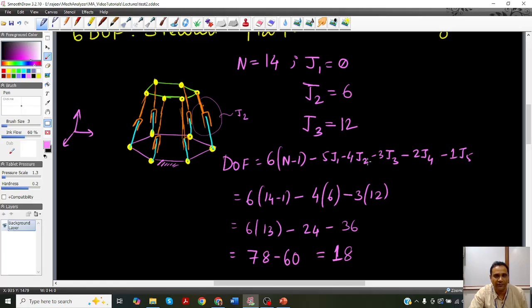How many J2s do I have? 6 I have. N is 14: 1, 2, 3, 4, 5, 6, 7, 8, 9, 10, 11, 12, 13, 14. Correct. Okay, so I'll have to check where I might have made a mistake.